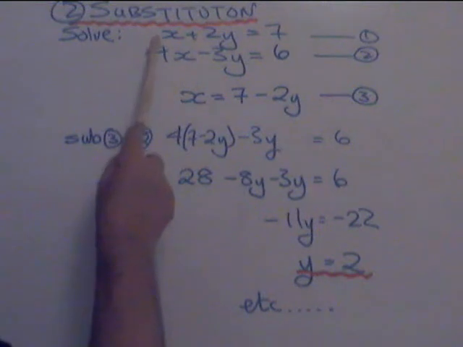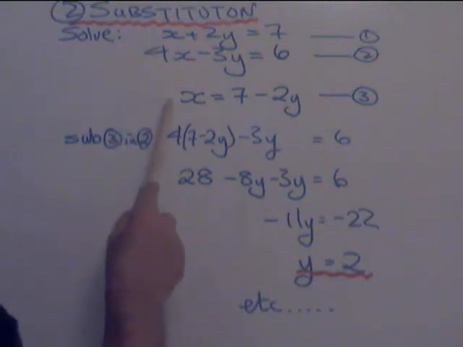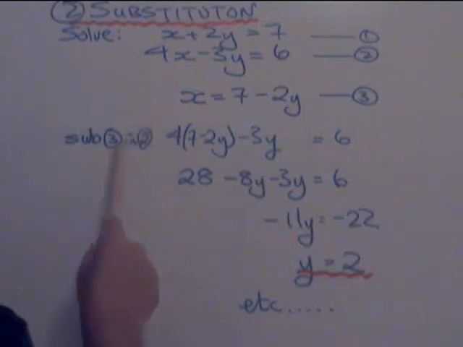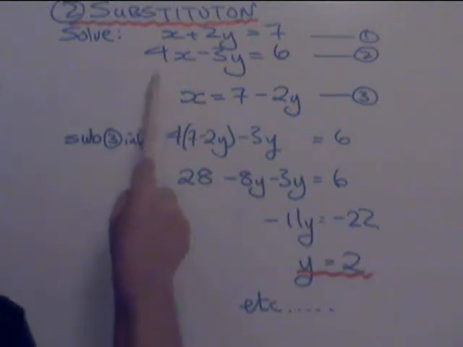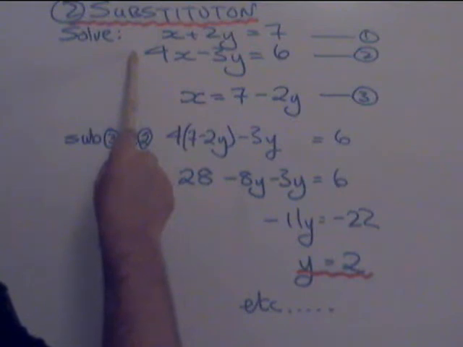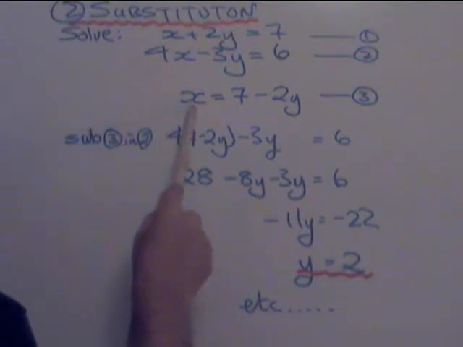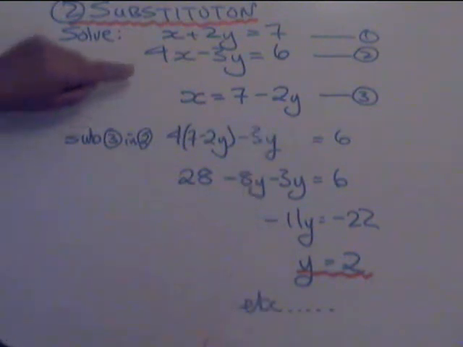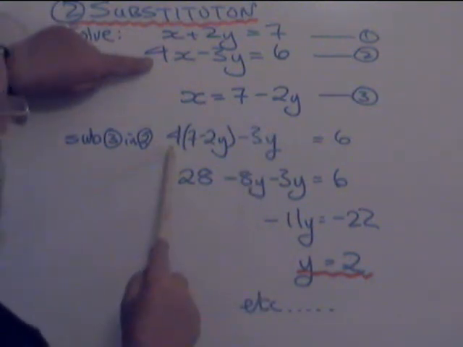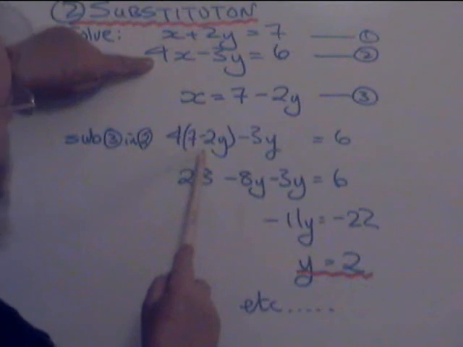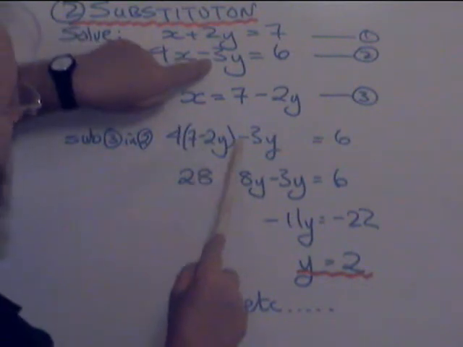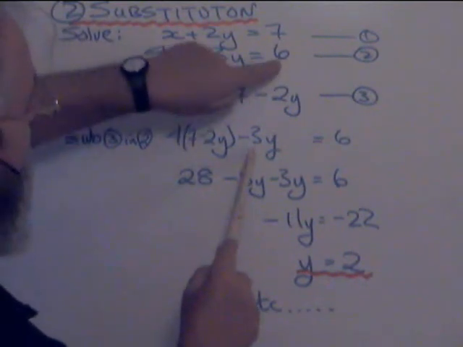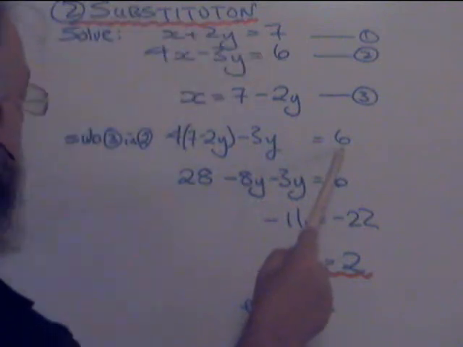Now, because I used equation 1 in order to make equation 3, I'm going to substitute equation 3 into equation 2. So instead of writing x, I'm going to write 7 minus 2y. So 4x, that's 4 into 7 minus 2y. Minus 3y equals 6 the same.